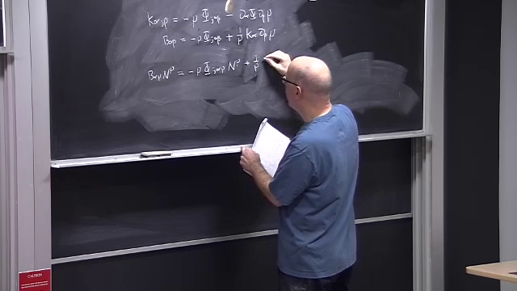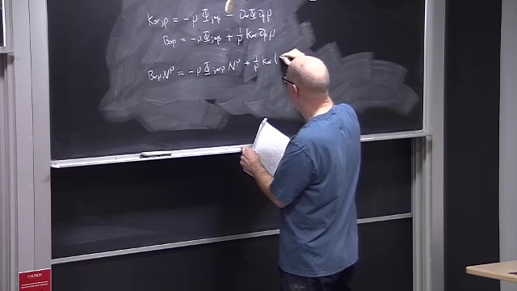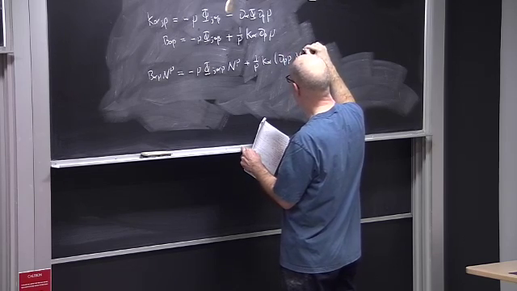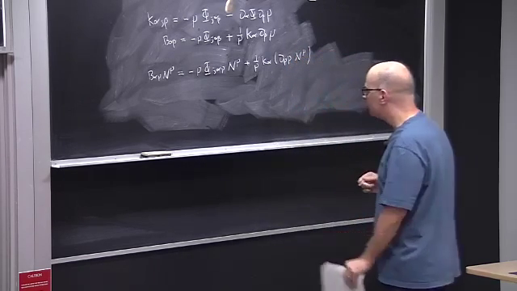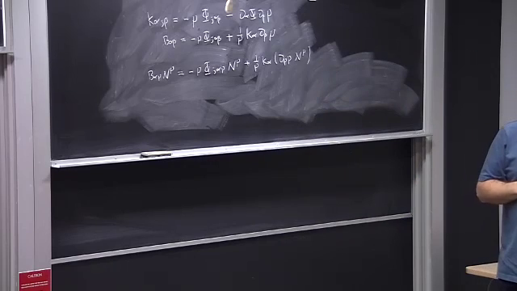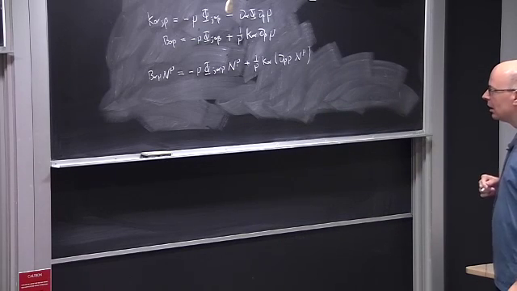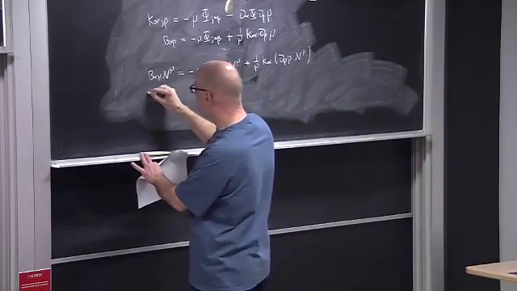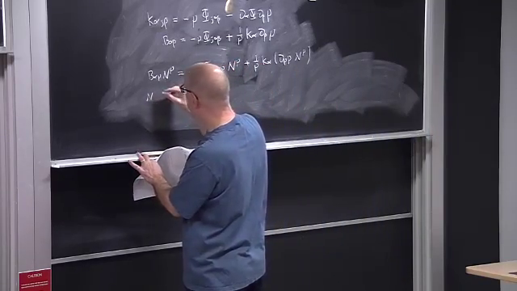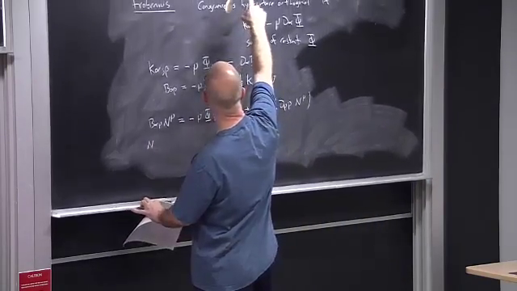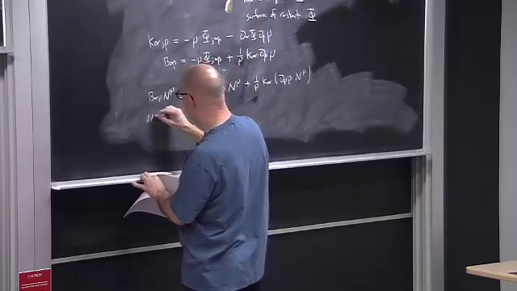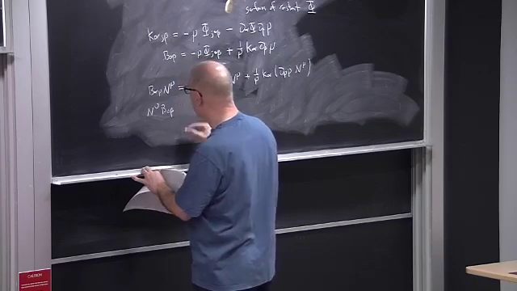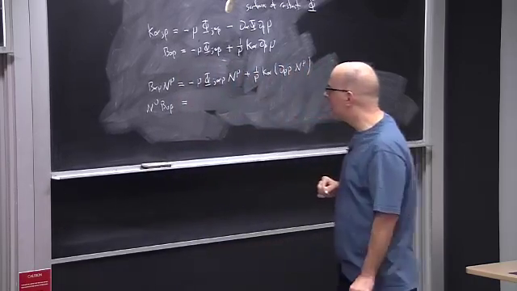If I multiply on the left by N, I get something a bit different. So the second term I need is where I multiply on the left, so I get B nu beta in this combination. So now I get minus mu B nu beta N nu for the first term.